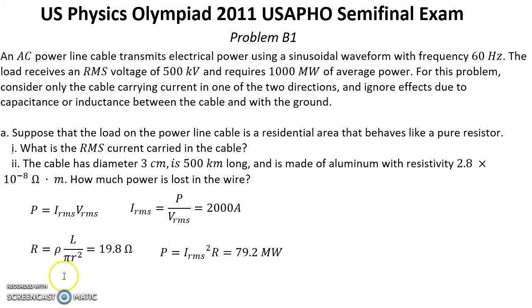And to find the power loss, we use the formula I RMS squared multiplied by resistance R, which is 79.2 megawatt. So that's the answer for question 2 in part A.